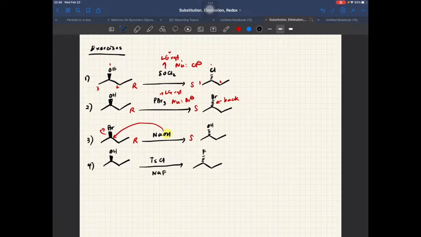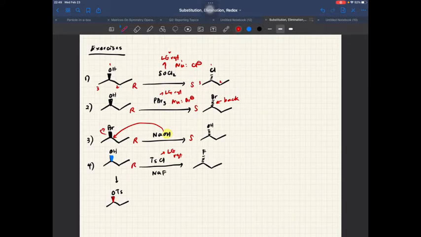Finally, the last example is a secondary alcohol having an R chirality. But this time we have a separate Lg reagent, which is tosyl chloride, and a separate nucleophile source. This Lg reagent makes the non-polarizable bond polarizable. This is a non-polarizable bond, but after the reaction with tosyl chloride, what we form here is an OTs group, which is a very polarizable bond.